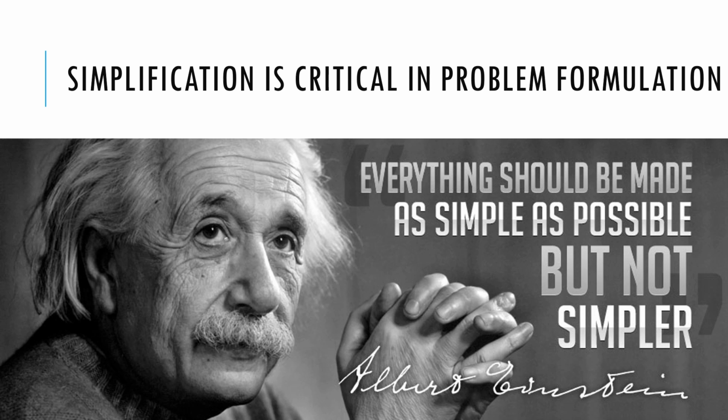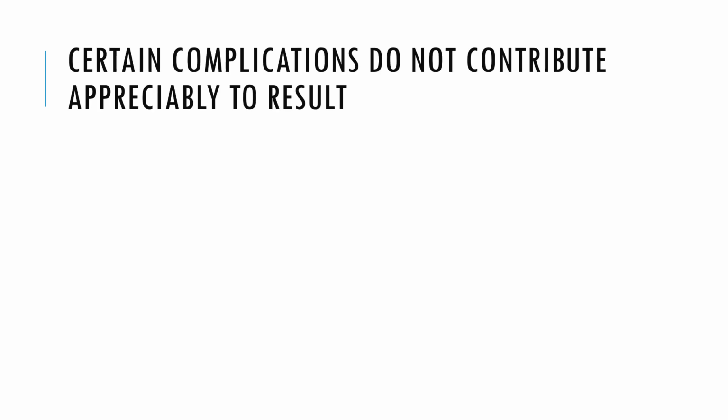So this quote from Einstein can be the most important slide in the context of modeling. Everything should be made as simple as possible, but no simpler. So simplification is so critical in modeling and in its first step in the problem's formulation. Certain complications simply do not contribute appreciably to results.